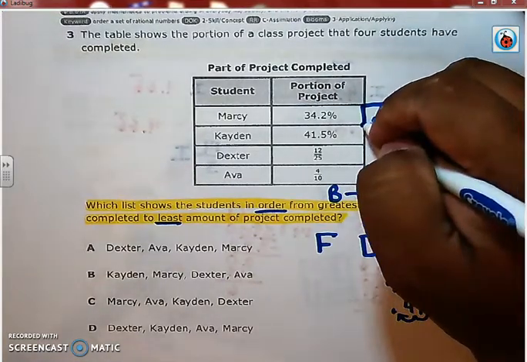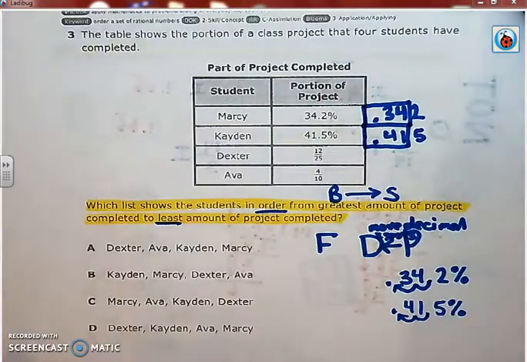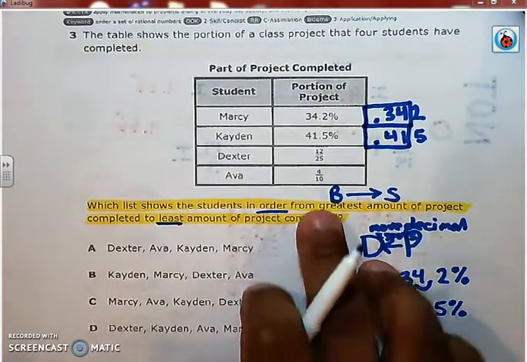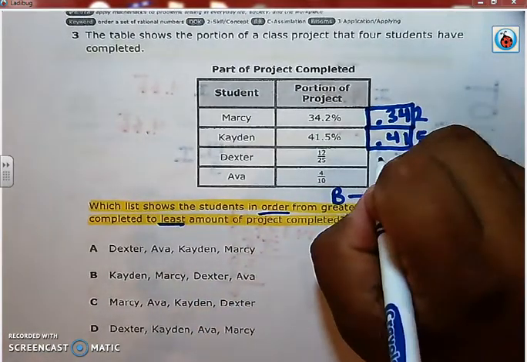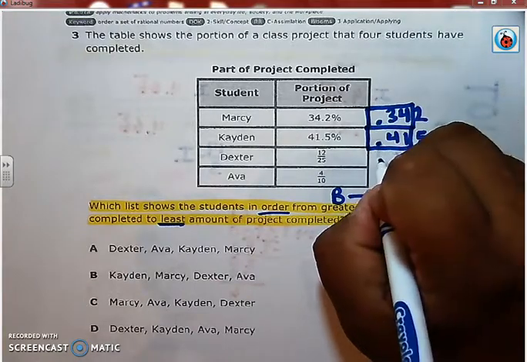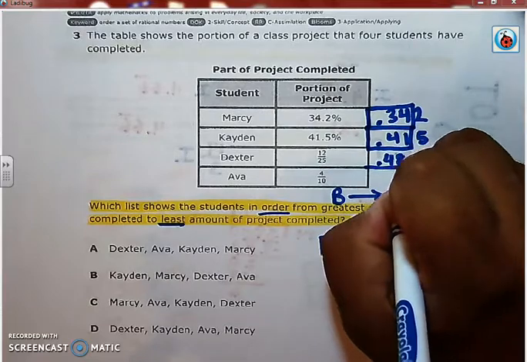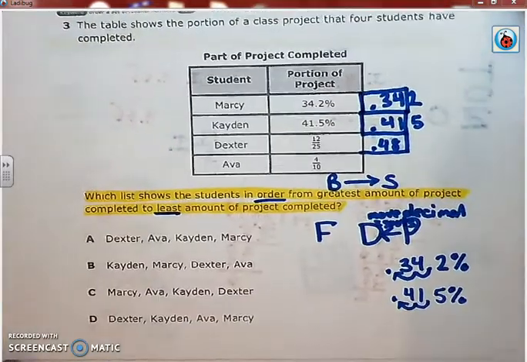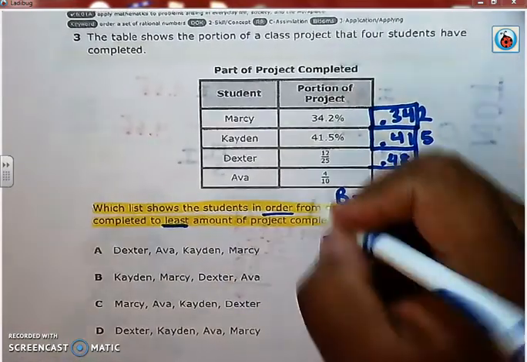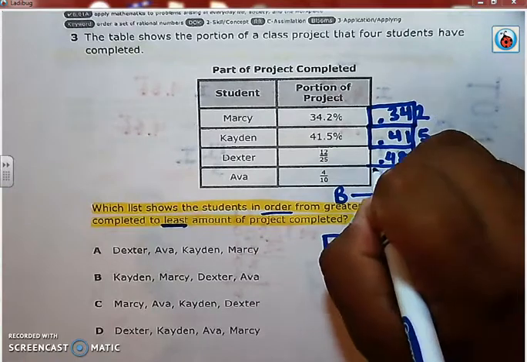Let's box in just our answer as money. 41 cents. 12 divided by 25. We're looking at decimal 48. And then Ava 4/10, we're looking at decimal 40.